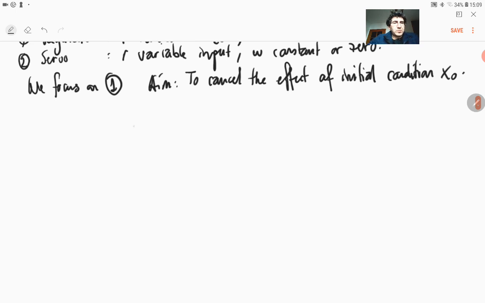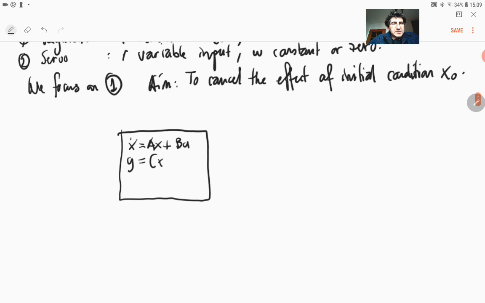So we will have a system where we have x dot equals Ax plus Bu, and also y is equal to Cx plus Du. We will consider D to be equal to 0 for our purposes. x at time 0 is equal to x0, our initial condition. We will consider a state feedback problem.